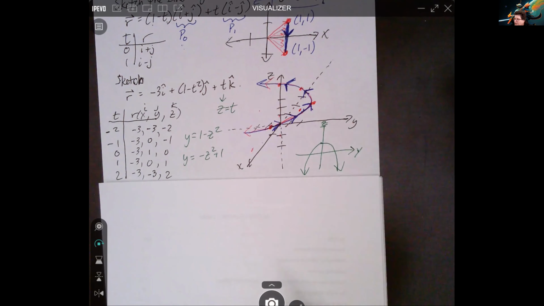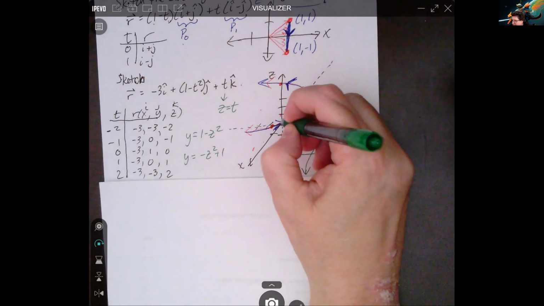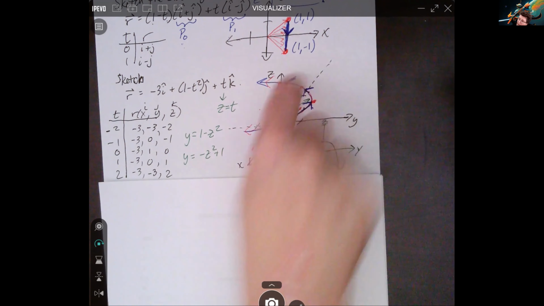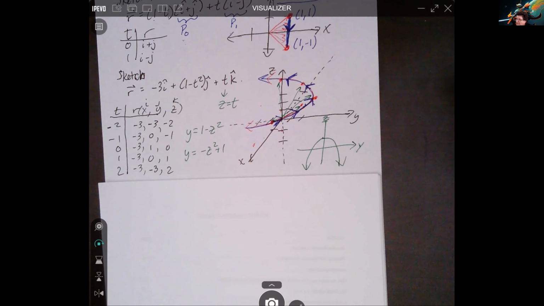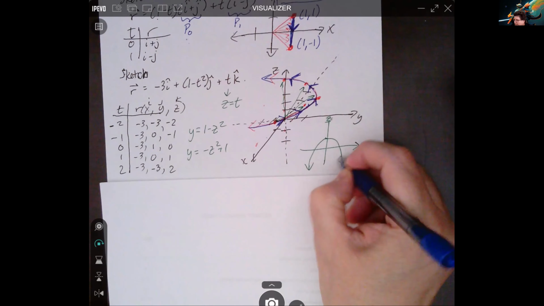And as a reminder, our R of t is like a tracer light, the cat laser pointer. So the light is shining from the origin. It's shining this point on this parabola that's going from here, going that way. Or if I look at it from overhead, it's going this direction.